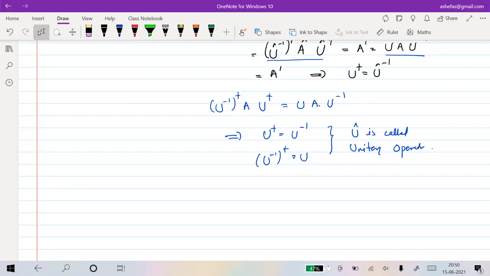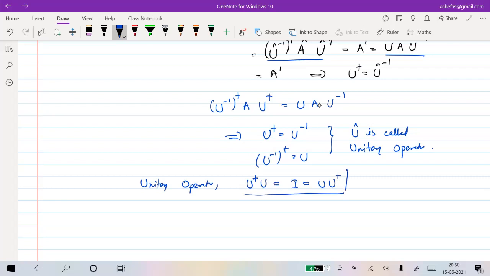So the definition of unitary operator we can write in this way: U dagger equal to U inverse means U dagger times U must be equal to identity. That will also be equal to U times U dagger. So this is the more correct definition for the unitary operator.